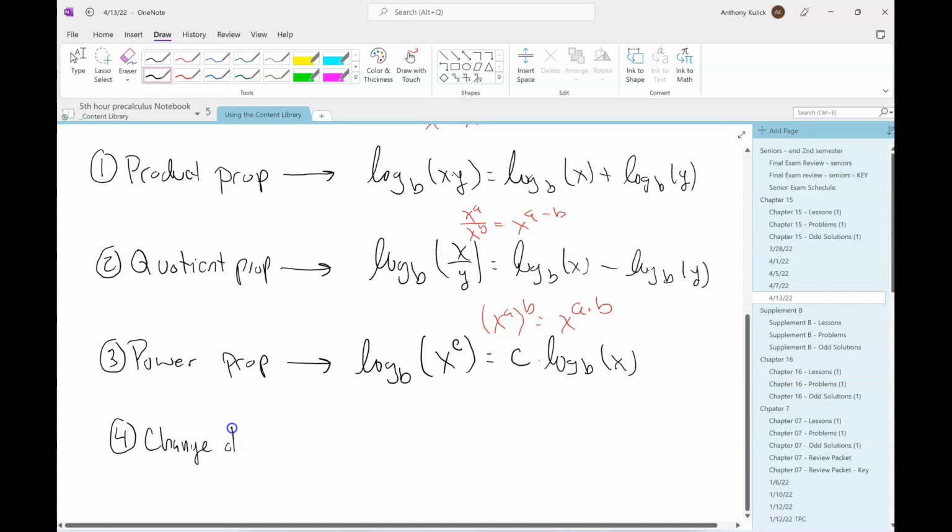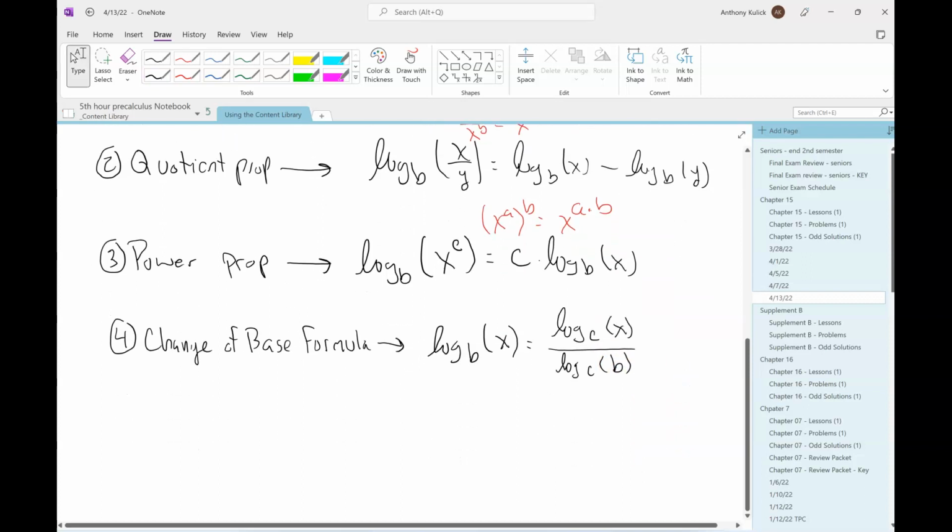There is a fourth that when I was a student was very important, but for you guys as students is much less important. Which is called the change of base formula.